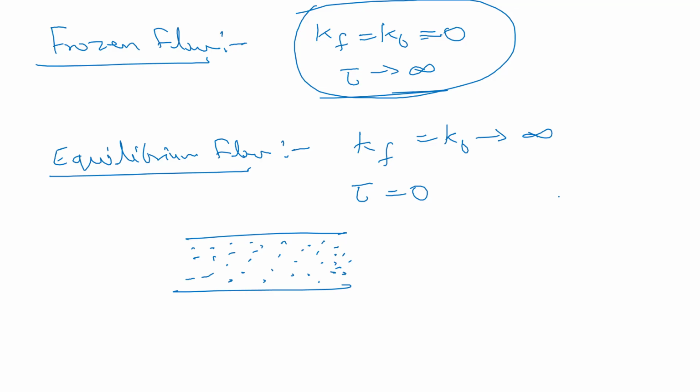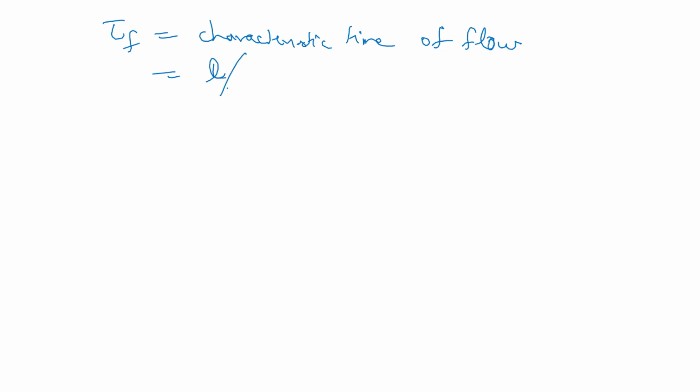But for our convenience, we define the equilibrium and frozen flow using characteristic times. Let's say tau f is the characteristic time of flow, which is given by L upon V infinity. L is the characteristic length and V infinity is the freestream velocity.